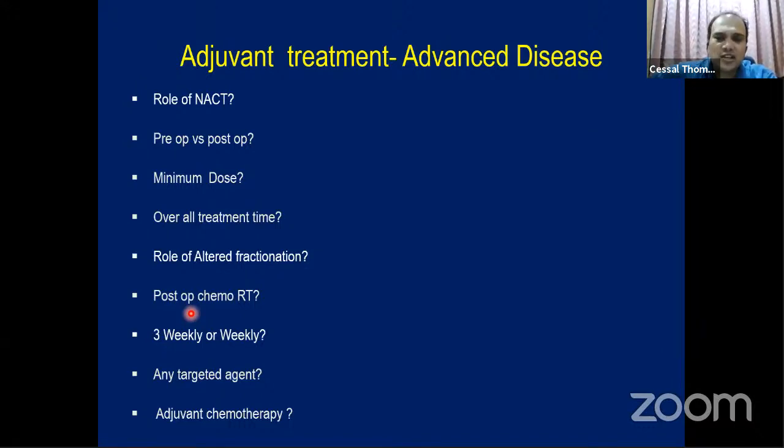Although there was National Cancer Database data published in JCO in 2017 on whether multiple node positive patients should be offered post-op chemoradiation, again, it needs research. That's my personal opinion, because it comes with a lot of toxicity, especially in the Indian population. And the authors themselves say that more valid data is needed, in an outside clinical trial, to recommend it.